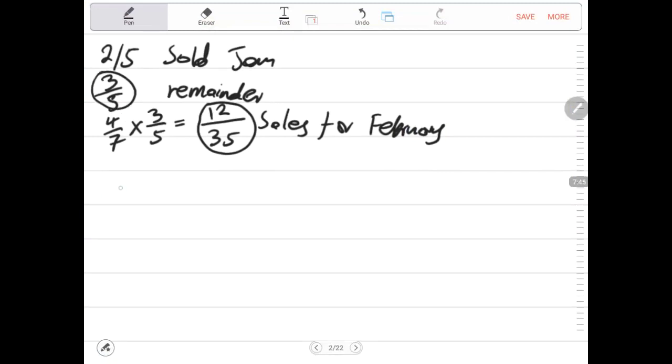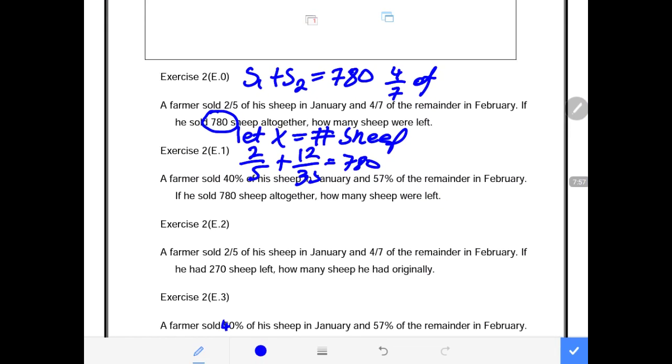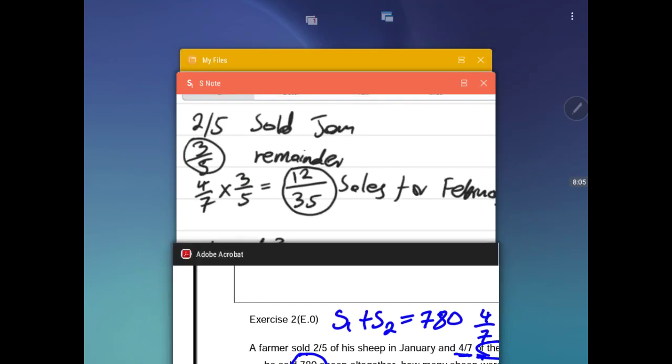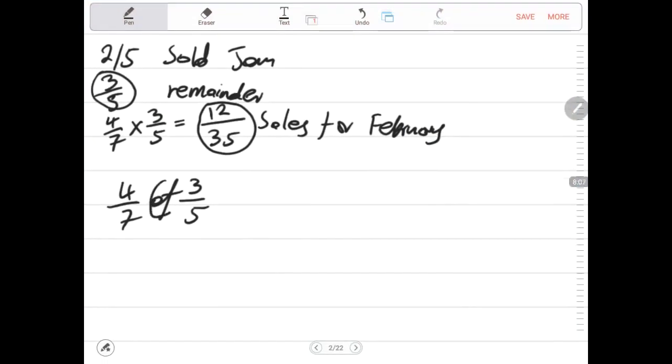So that means he sold 4 over 7 of the remainder, meaning of 3 over 5. This is what that sentence means. Now mathematically, the word "of" means multiplication.